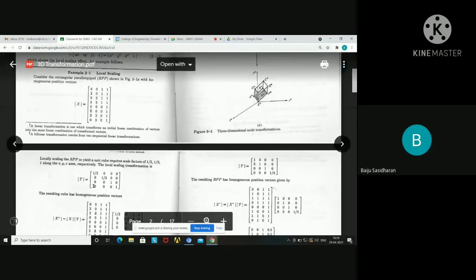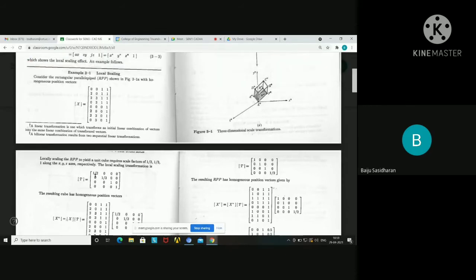Suppose in the first transformation operator, see, here it is half, here it is 1 by 3, and here it is 1, which indicates that the scaling parameter along the x direction is half, the scaling parameter in the y direction is 1 by 3, and along the z direction there is no scaling actually, therefore it is 1. Here it is 0, 0, 0, 1, here it is 0, 0, 1. So that is the scaling.